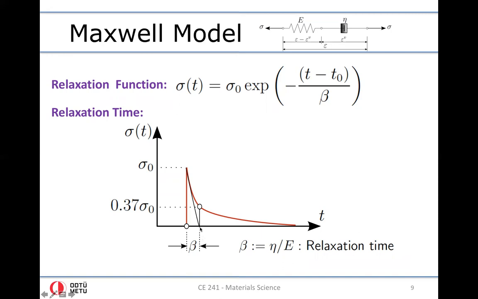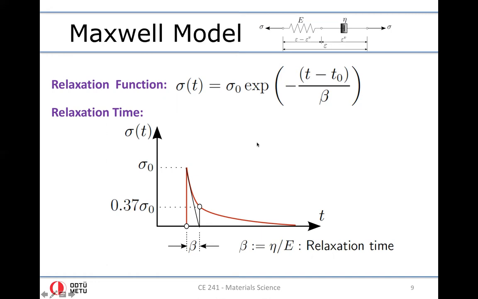What does it mean? It means the higher the relaxation time, the slower the stress relaxation is, and the smaller the relaxation time, the faster the relaxation is. So in terms of viscosity, the smaller the viscosity, in other words, when it is easier for the fluid to flow, the smaller the relaxation time is, in other words, the faster the relaxation is.